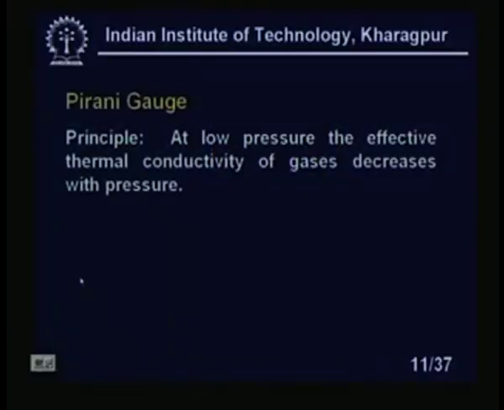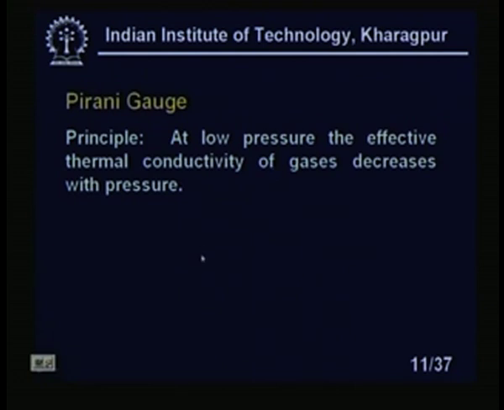If the number of molecules decreases, the pressure will decrease, right? Or in other words, if the pressure is low, the number of molecules in the vessel will also be low. We will show in the next slide what the basic principle is.